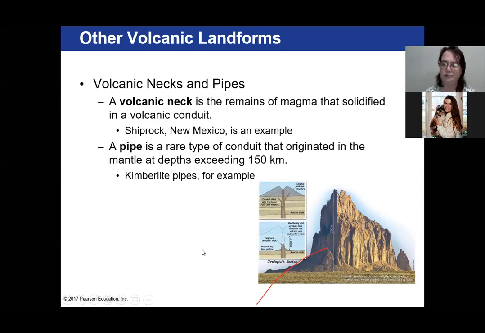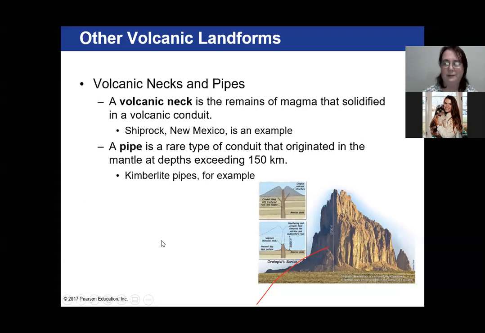There is a road that goes through that they allow people to drive on, but you are not allowed to step off that road. We were pretty far away from it, but man, it was awe-inspiring. This picture does not do it justice. So this is a volcanic neck. This is magma that solidified inside the conduit of this extinct volcano. Then over time, all the material around it eroded away.